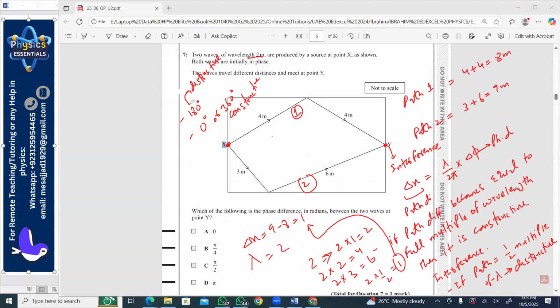So since here the path difference is 1, and the wavelength is 2, we need to multiply the wavelength 2 with half, which means that the path difference is a first half multiple of wavelength. Therefore, it is going to have destructive interference, and I'm going to write pi, which means 180. Okay, so the option should be D.